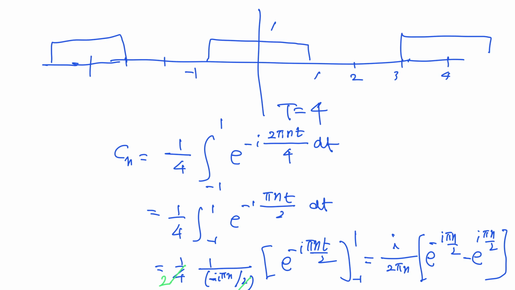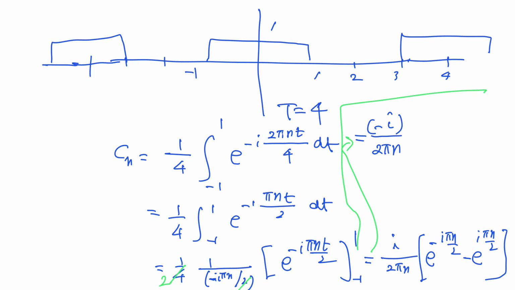This is minus i over 2 pi n, exponential i pi n over 2 minus exponential minus i pi n over 2, which is twice i times sine pi n over 2.